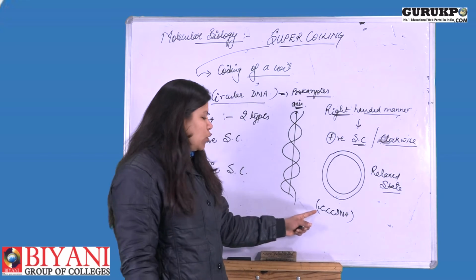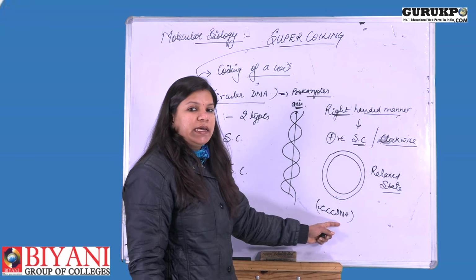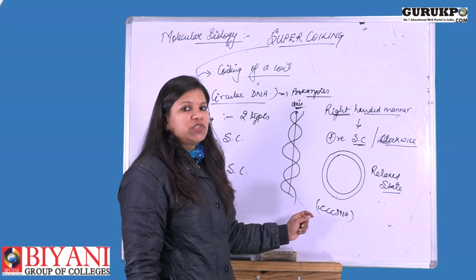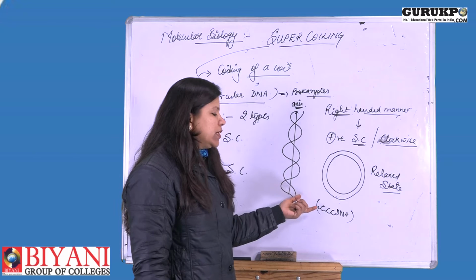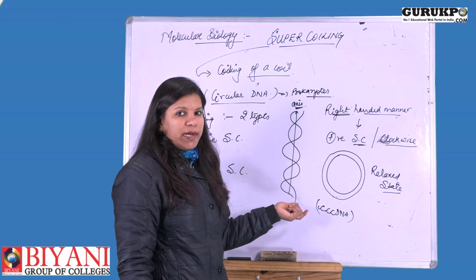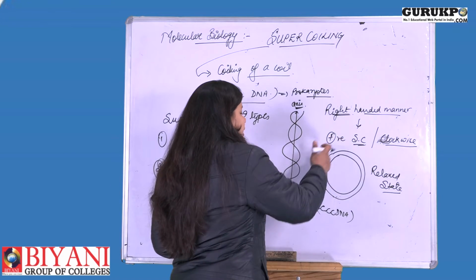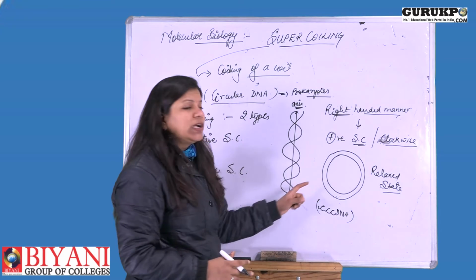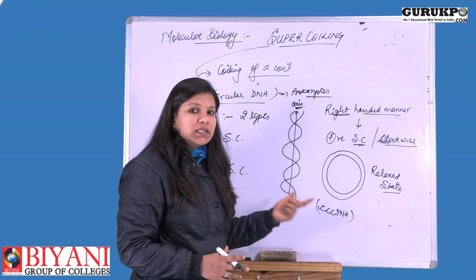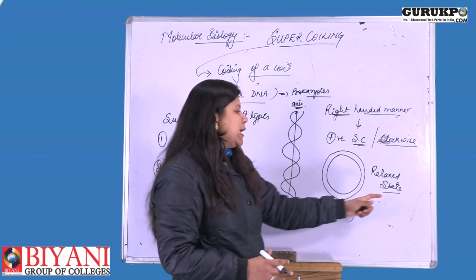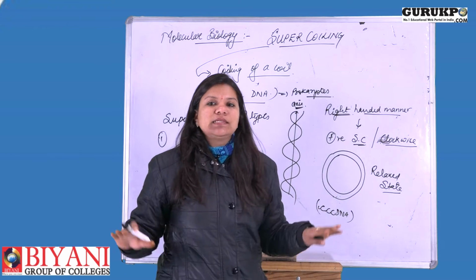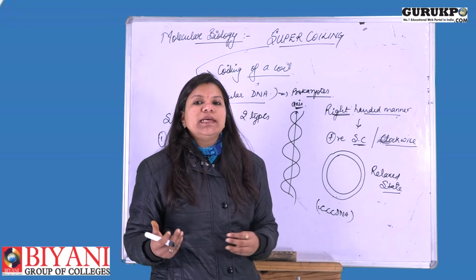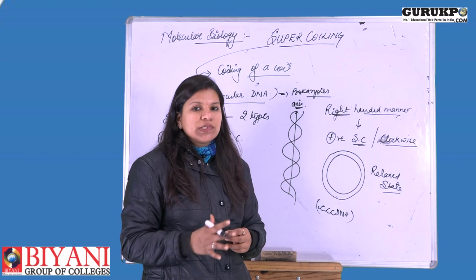I repeat, covalently closed circular DNA, which is generally the structure of plasmids. When this kind of double stranded circular DNA does not have any coiling or turns in its structure, it is said to be in a relaxed state. That is, there is no presence of any kind of stress or strain.